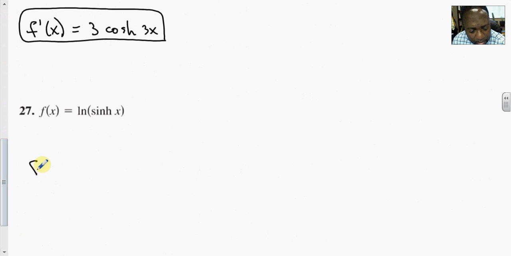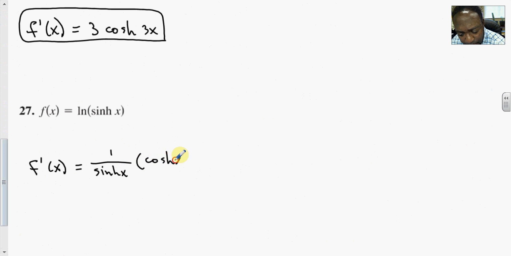So this next one, f prime of x, is equal to, well, we know that the derivative of the natural log of a term is 1 over that term times the derivative of that term. So here this is 1 over hyperbolic sine x times the derivative of hyperbolic sine x, which is hyperbolic cosine x.